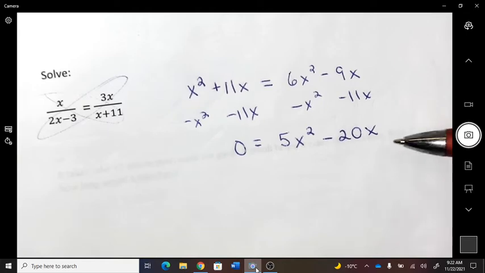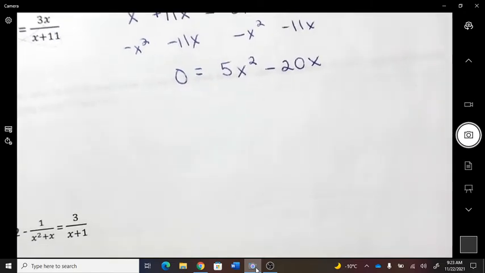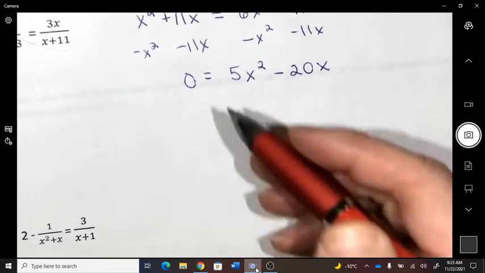Okay, so go through your factoring styles. Do any of them work? Do you have one of the styles that will work? GCF?